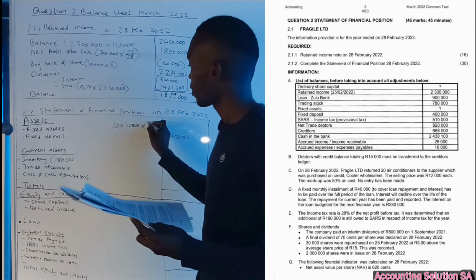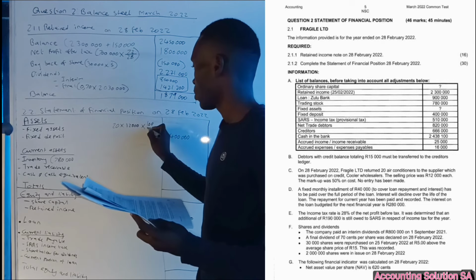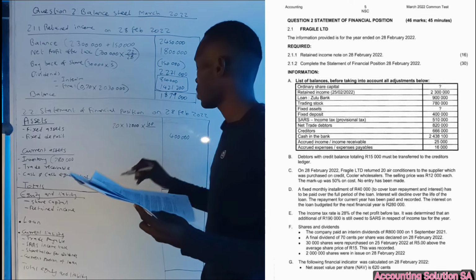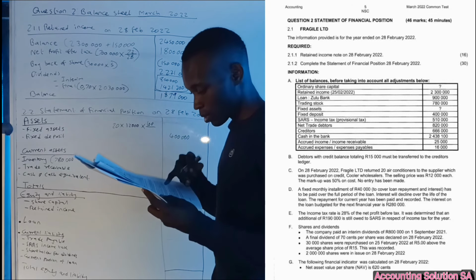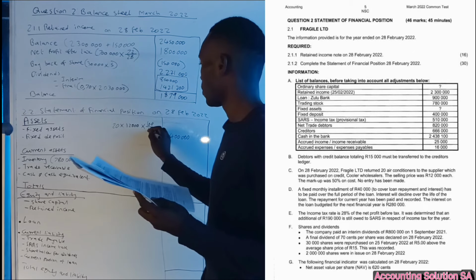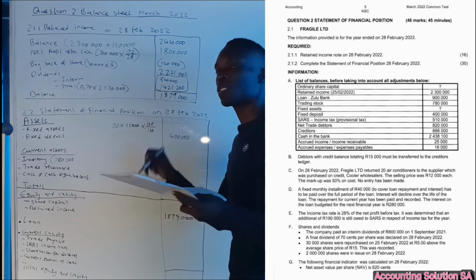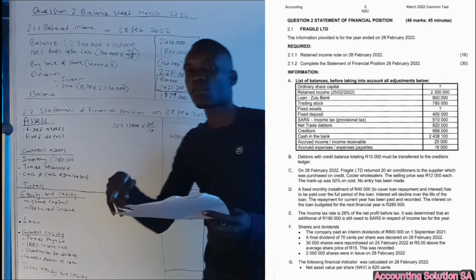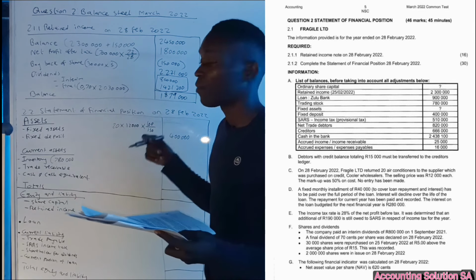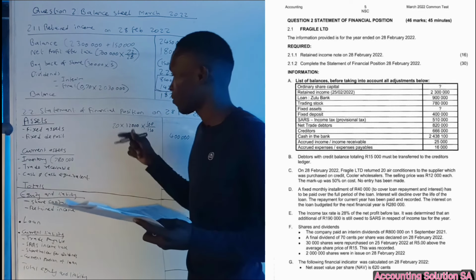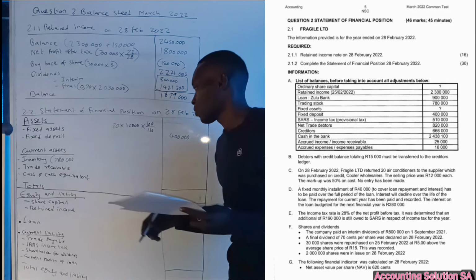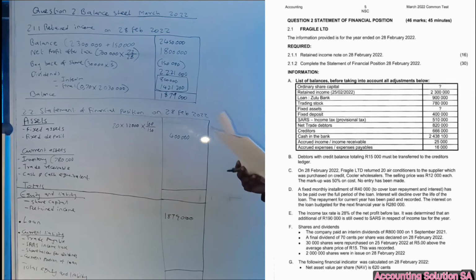The markup, so that it can give us the cost price, because we have to record it as the cost price. The markup is 50, which means it's going to be out of 150. So 100 comes on top if you are calculating a cost, and 150 comes on the bottom if you are given a selling price. If you do this calculation, you are going to get an amount of 160.